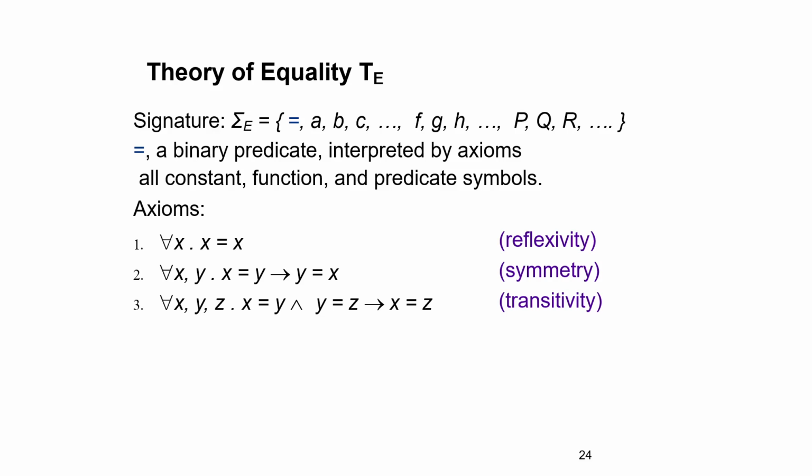So, for example, the world has agreed that equality means that we have reflexivity, so that an element is equal to itself. Actually, all elements must be equal to themselves. Then we have symmetry. So if x is equal to y, then y also needs to be equal to x.